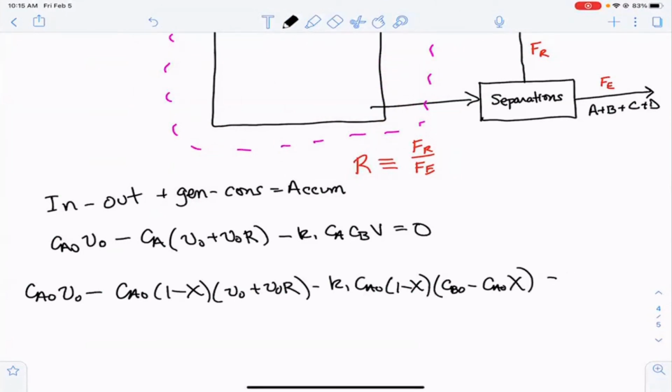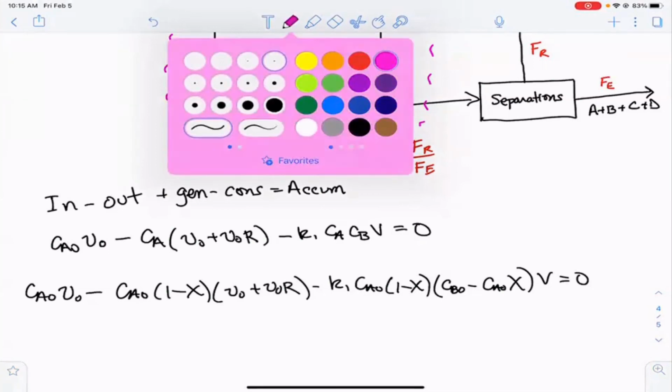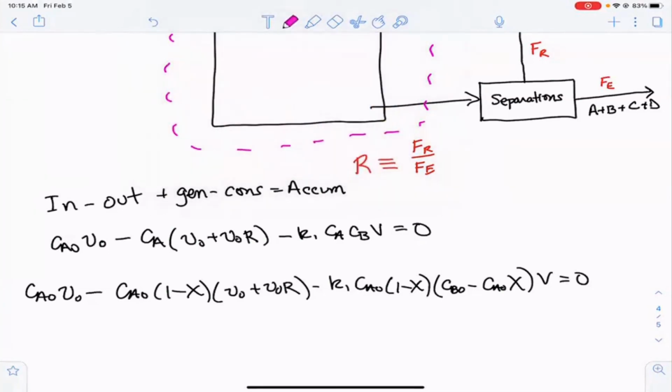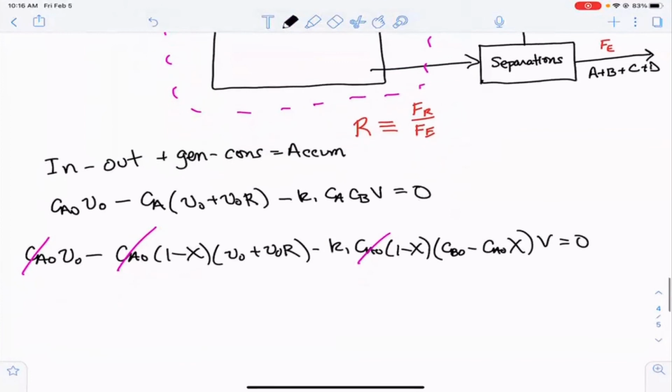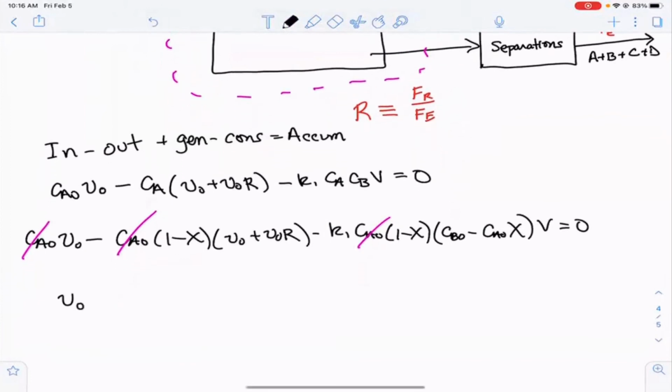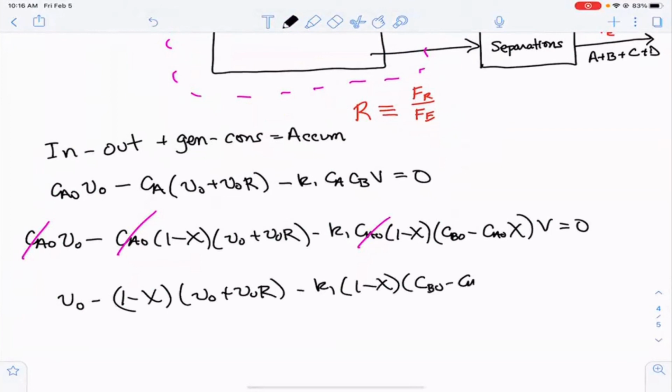And that's times the volume, and that's equal to 0. We could divide through by CA0, and you'll get rid of this term, and that one. What we're going to be left with is V0 minus 1 minus X times V0 plus V0R minus K1 times 1 minus X times CB0 minus CA0X times V is equal to 0.